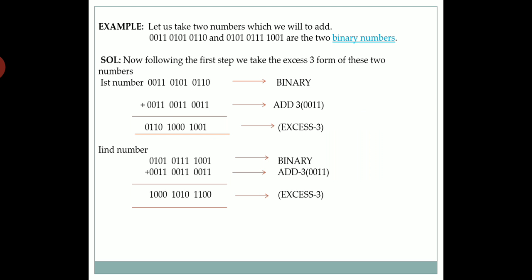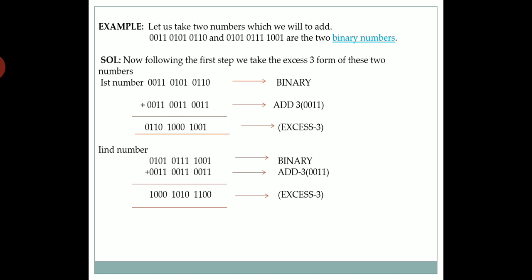Let us take an example. Let us take two binary numbers. First of all, the first number we convert into 4-bit groups.